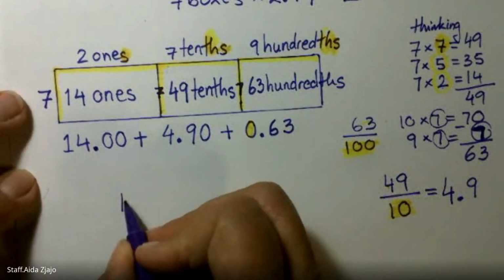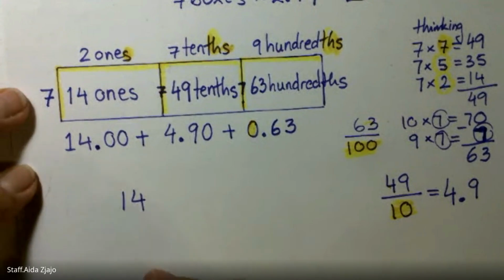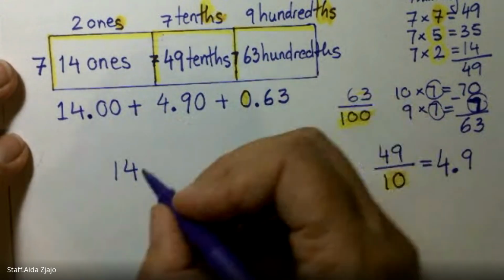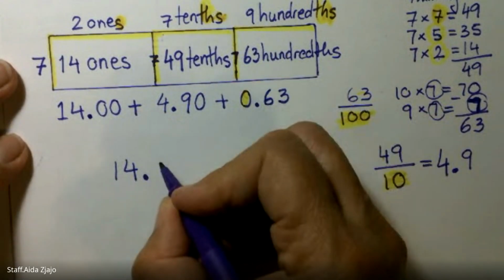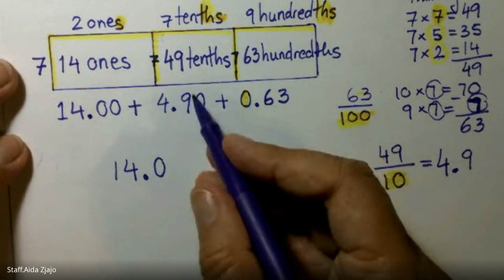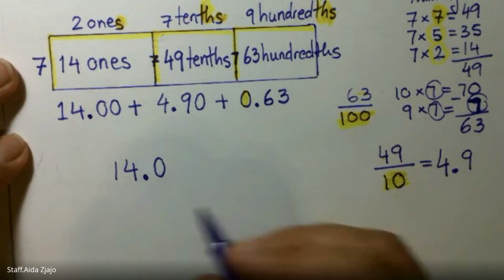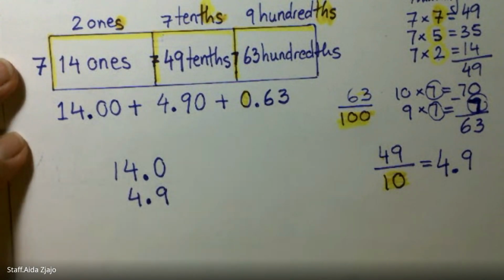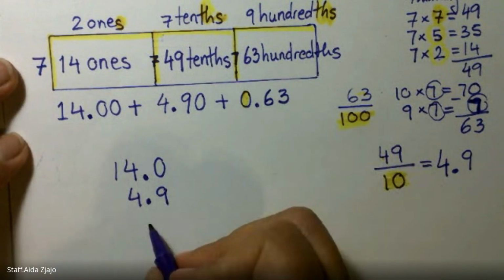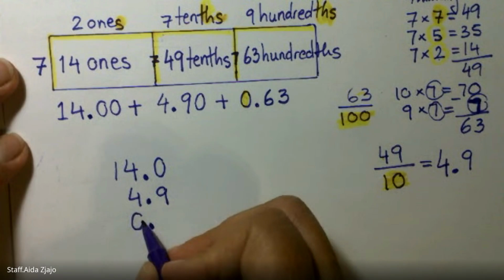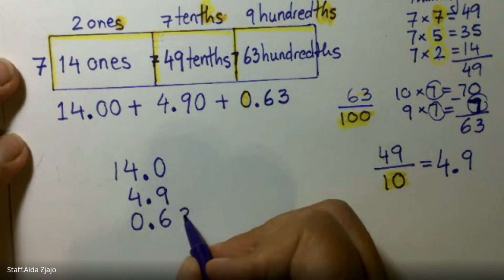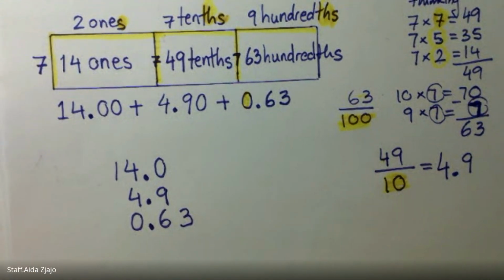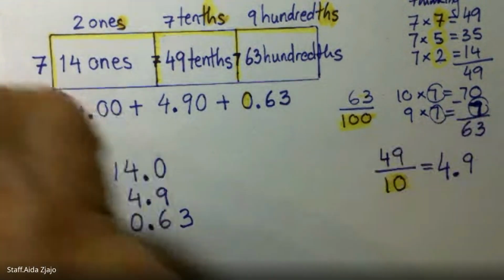Even if I do 14 like this without making a decimal point, when I put it here, I have to do the decimal. If I did 4.9 like this, I can do that, and then also 0 and 63 hundredths. The number is going to be this way, which is okay. I did correct place value.